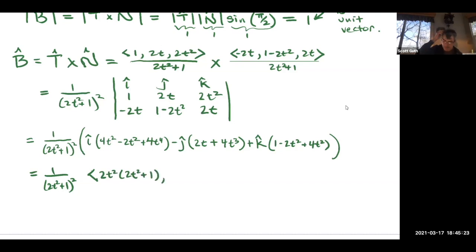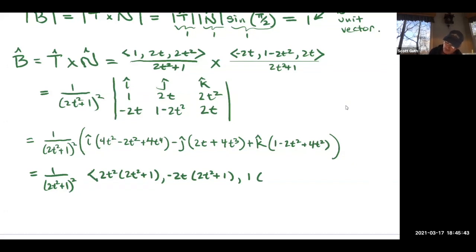The next one's going to be a negative, and I'm going to factor out a 2t, and there will be a 2t squared plus 1. The next one, we're just going to have a 1 times a 2t.